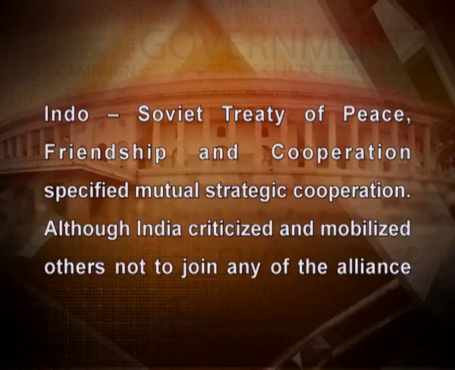That was the era when the Cold War reached its peak. The Indo-Soviet Treaty of Peace, Friendship and Cooperation, as it is called, specified mutual strategic cooperation between the two nations. Although India criticized and mobilized others not to join any alliance, Eastern or Western, it itself signed the treaty with USSR.